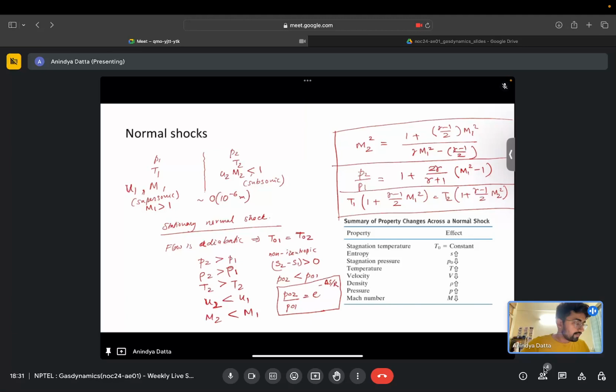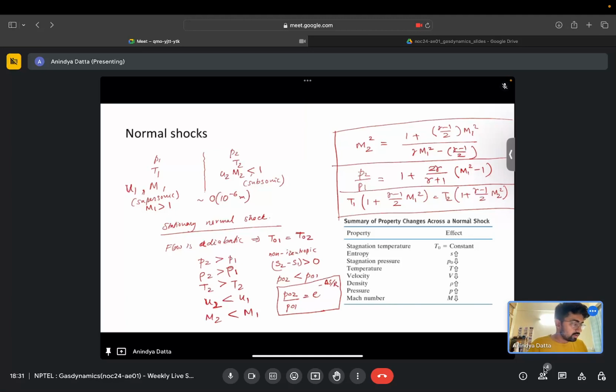I have written the expressions for the stagnation temperature at both the upstream and downstream ends of the shock in terms of their static temperatures and Mach numbers.